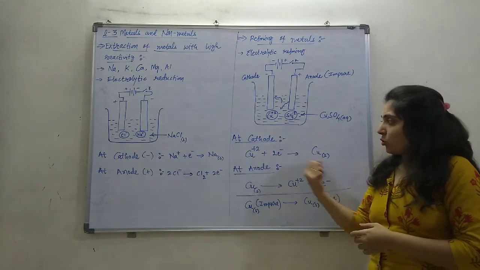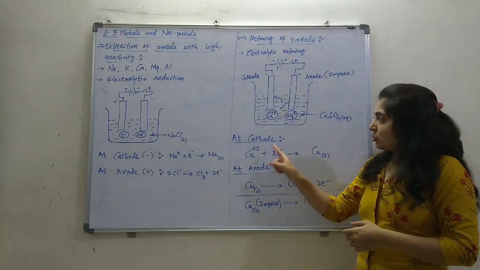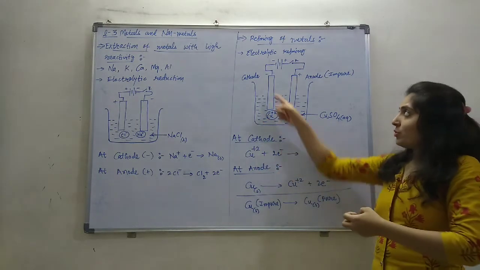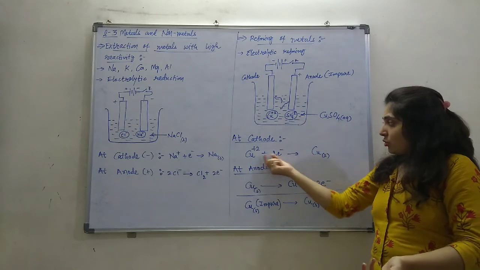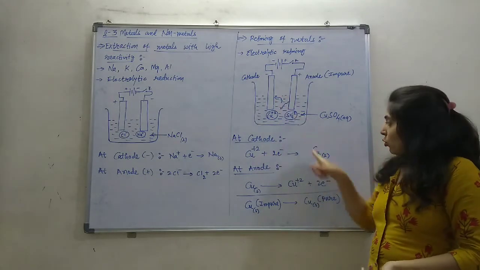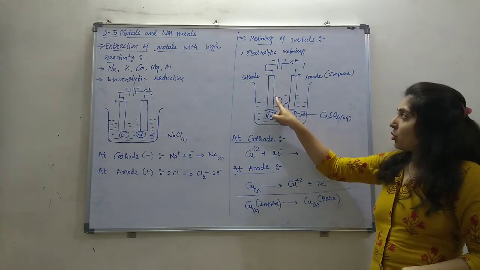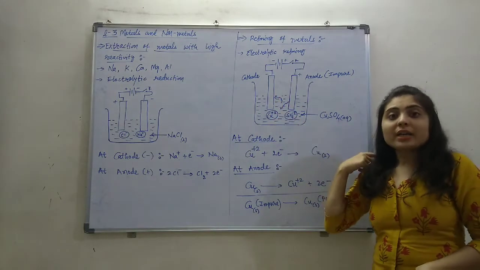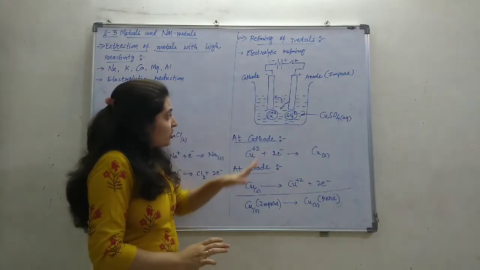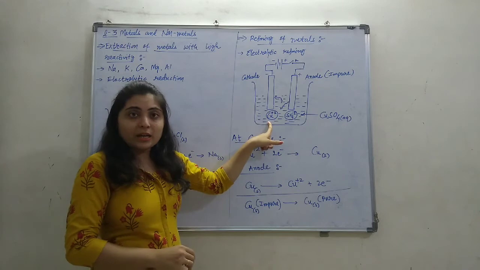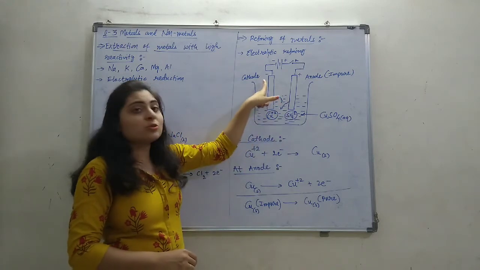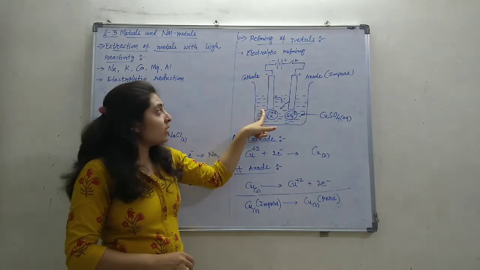So what happens at the cathode? Cu2+ will reach the cathode, and the negative electrode will give 2 electrons because it has extra electrons. So Cu2+ gains 2 electrons and makes solid copper. So solid copper atoms will be deposited on the negative electrode, the cathode. So imagine all these copper ions, Cu2+ ions from the solution, are attracted towards the negative electrode.